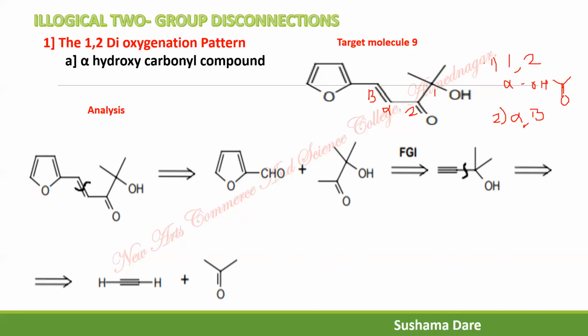So instead of looking at alpha beta, I am going to look at the 1,2 dioxygenated skeleton. So it is an alpha hydroxycarbonyl compound. Disconnect the 1,2 bond in the direction of this. So this is one method. You can directly start with this also.